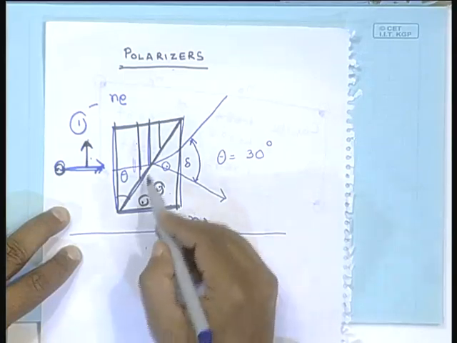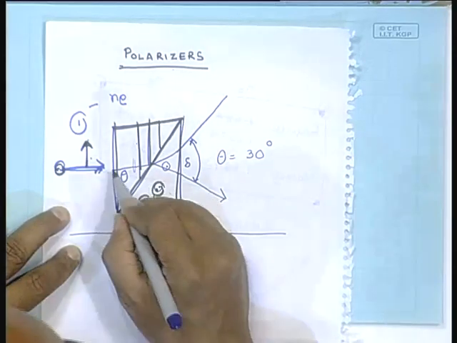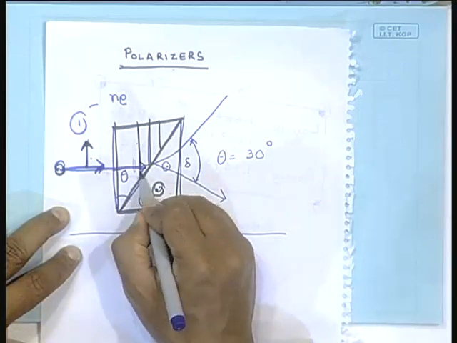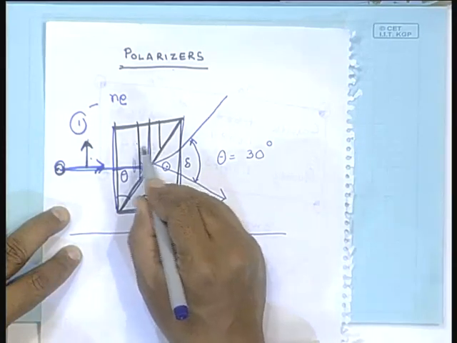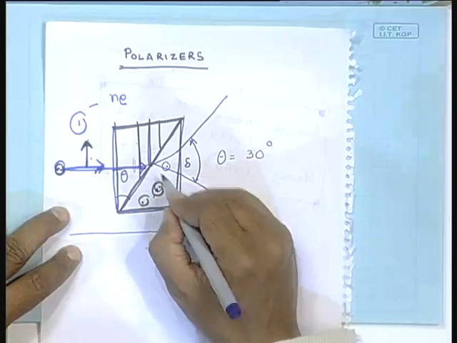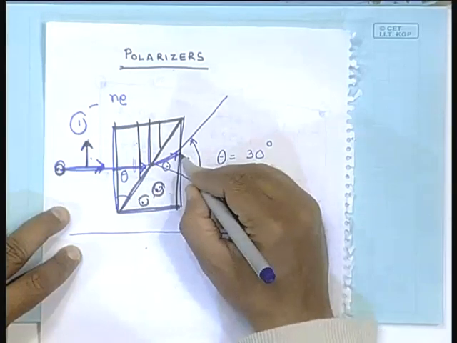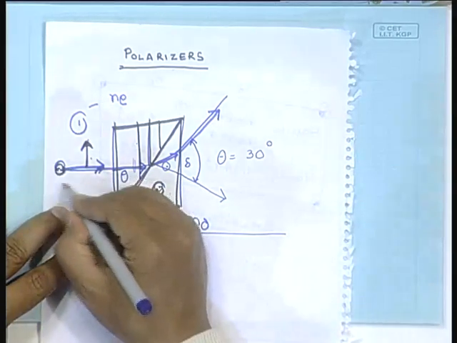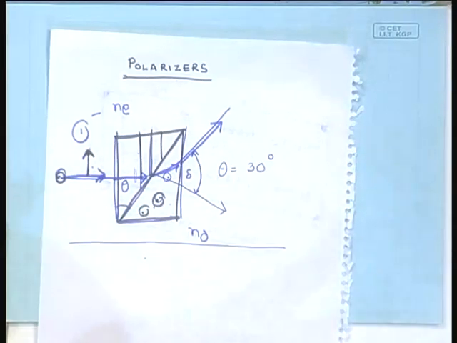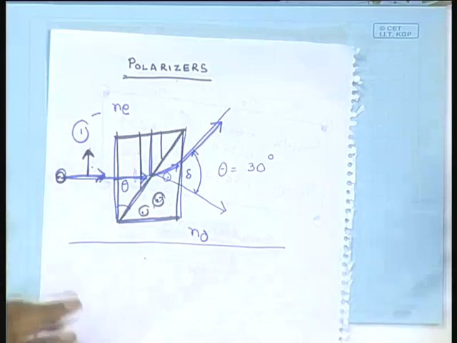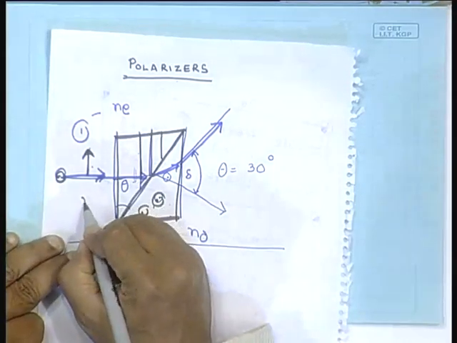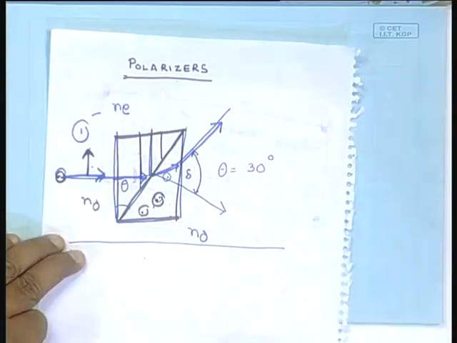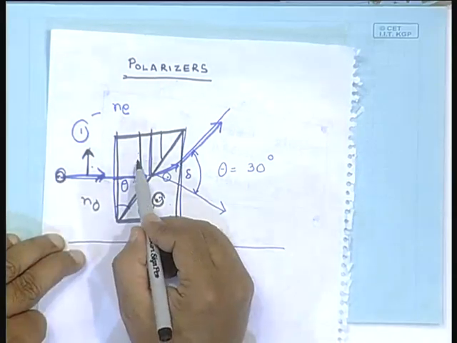There is an interface over here. It is going to go straight through this, and when it comes to this interface there are two different refractive indices, so it will bend in some direction and then come out. For the other polarization, it will see the ordinary refractive index in this medium, because the polarization is perpendicular to the optical axis.